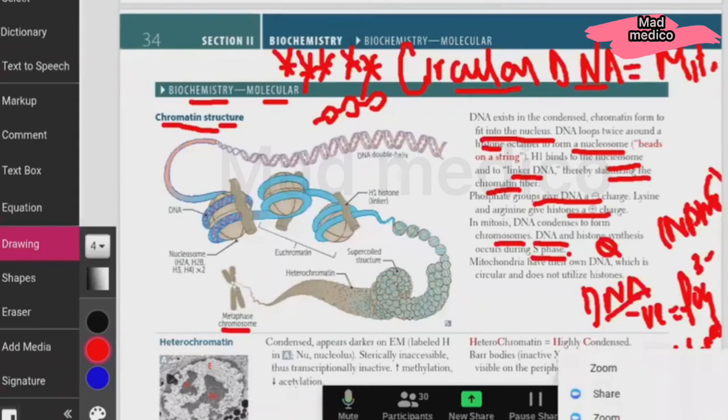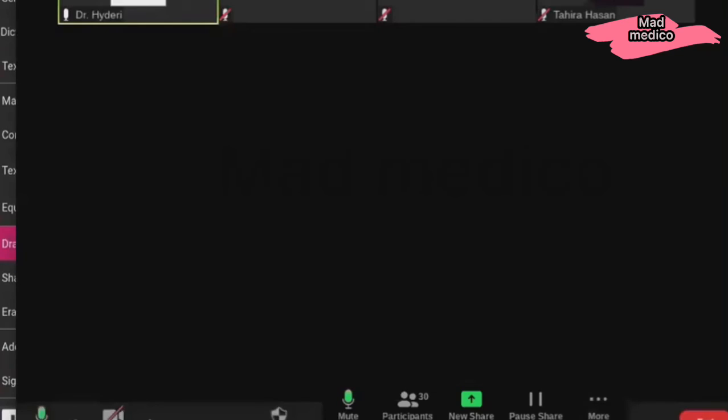So far, have we understood all the questions which will be received from this paragraph? Which amino acids are responsible for the positive charge of the histone? Yes, very good, it's lysine and arginine.